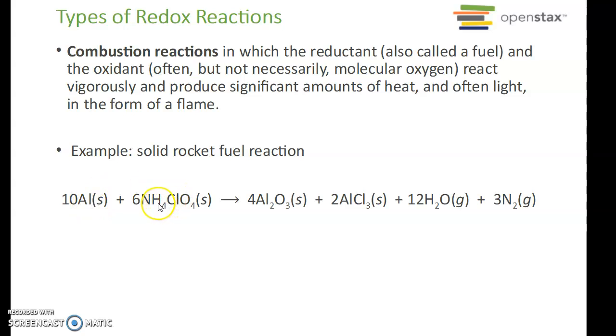Aluminum plus ammonium chlorate gives you aluminum oxide and generates quite a bit of heat in the process, and instead of oxygen and water, it generates nitrogen and water as it is doing that. Okay.